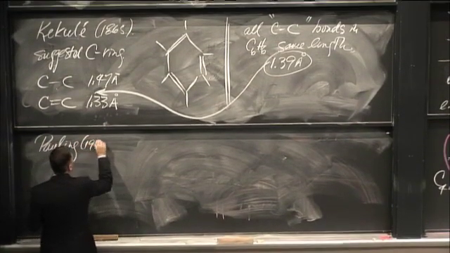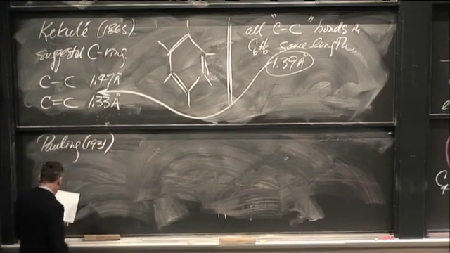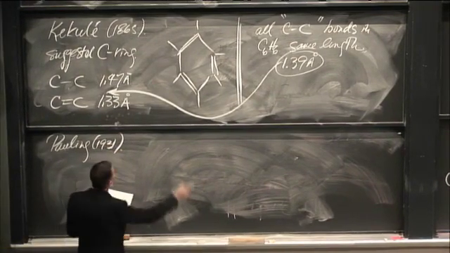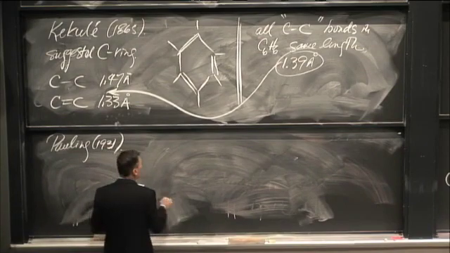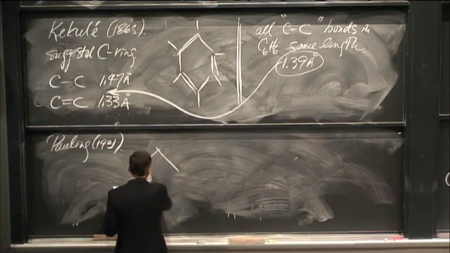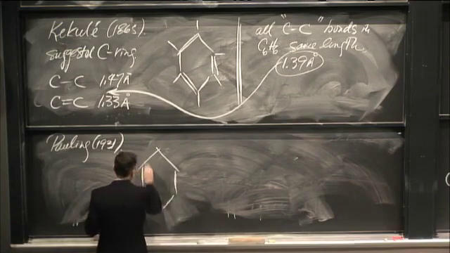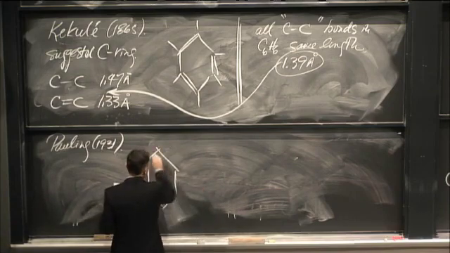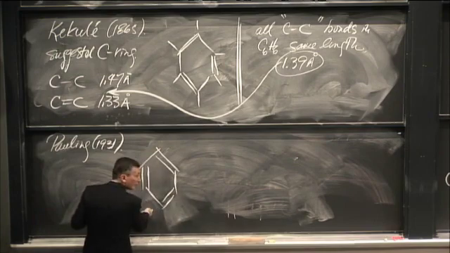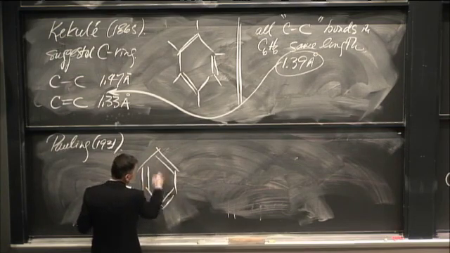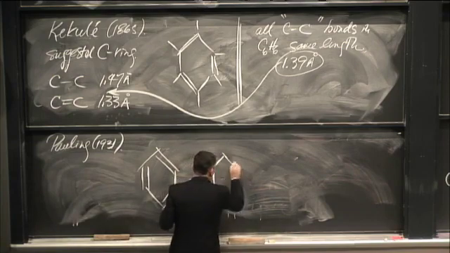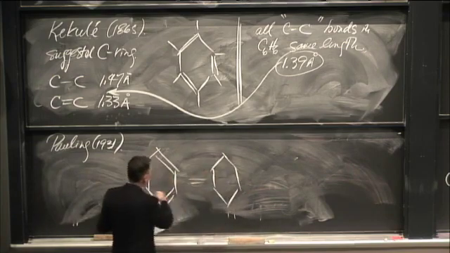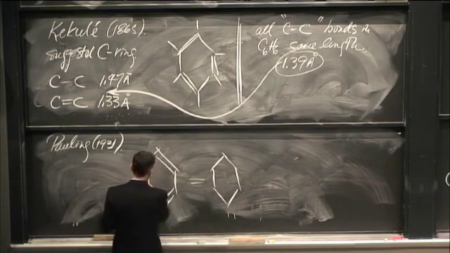Pauling, in 1931, came along and said, what if we have a mix of two structures? Suppose you had something that looked like so. Here's the set of double bonds off of the ring. And what if there was a resonance with an opposite hybrid where this double bond, instead of being here, goes over to here?